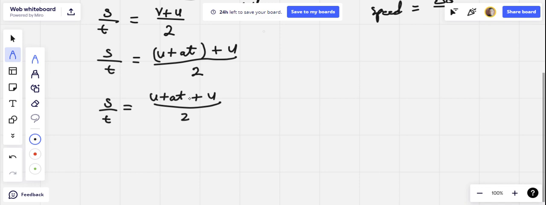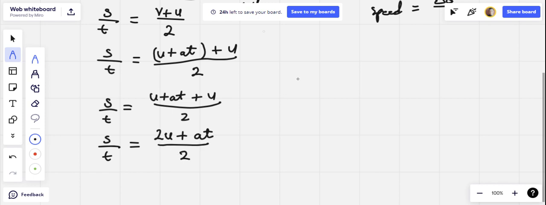So you operate the like terms. You have a u term here, you have a u term here. So u plus u will give you 2u. So we have s over t equals 2u plus at over 2.